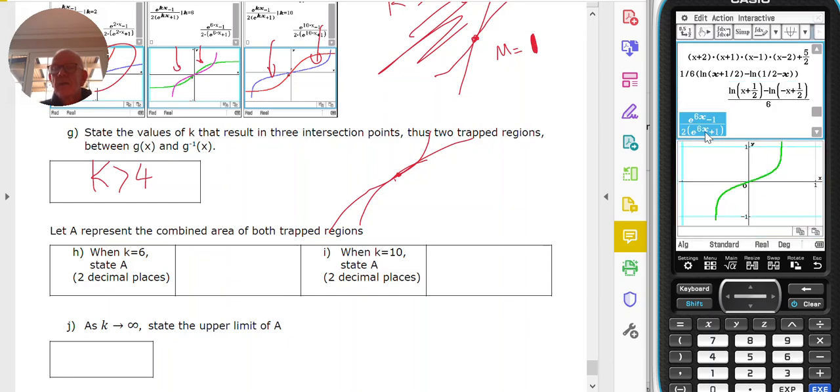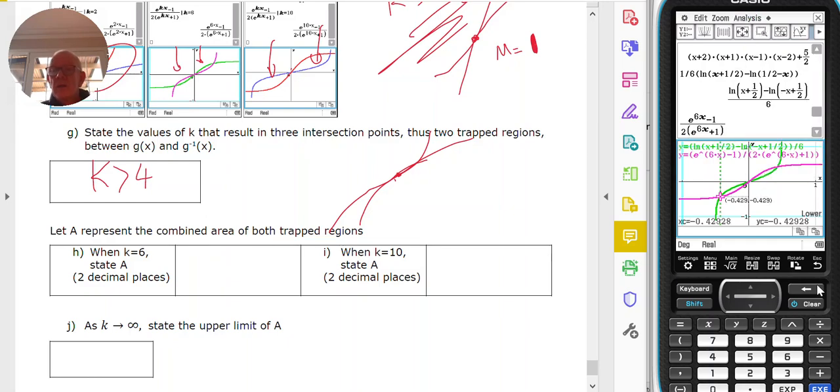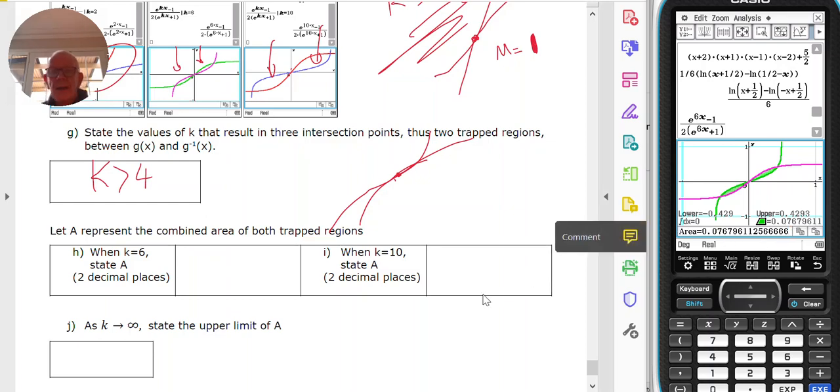There is that one, drag and drop. And analysis, G-solve, integral, intersection, select the first one, accept it, jump over to the last one, accept it, and the trapped area is 0.076. How many decimal places? 2, 0.08.